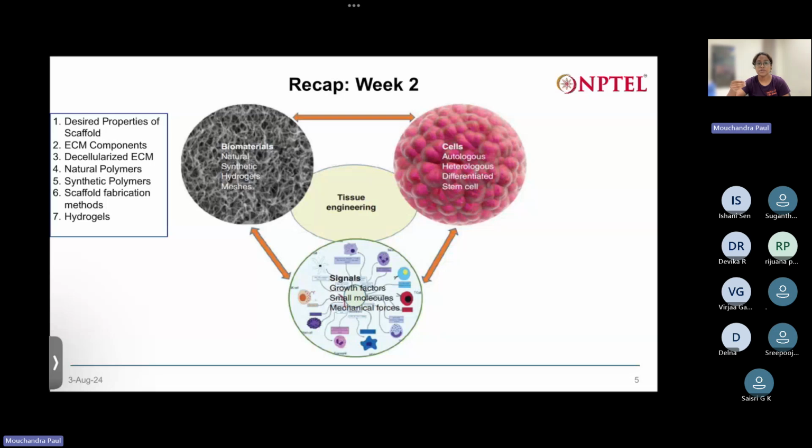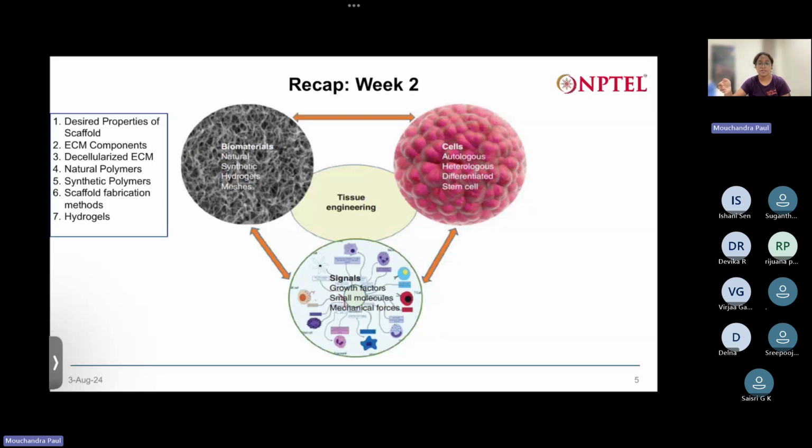In week 2, we talked about the first member of this triad, that is biomaterials. We looked at what types of biomaterials are used: natural polymers, synthetic polymers, and decellularized ECM, and these biomaterials are used to make a scaffold. Why are we interested in making a scaffold? A scaffold mimics the ECM, the extracellular matrix of our tissue, and does similar functions to what the ECM does in our body.